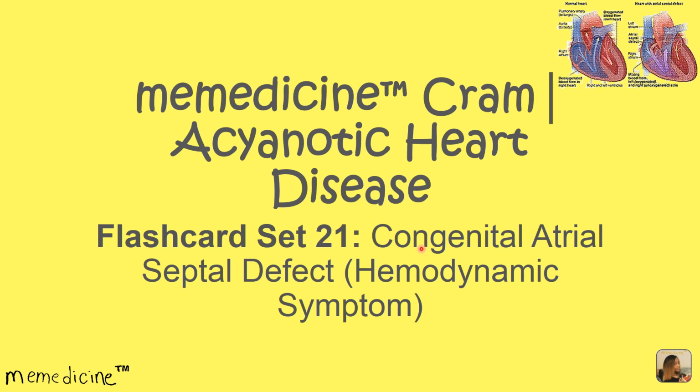Well, congenital means you were born with it, and an atrial septal defect means there's a hole in the wall between the two upper chambers of the heart, as shown here, and the two upper chambers I'll call the atria. And again, if you were born with it, then it's given the term congenital.